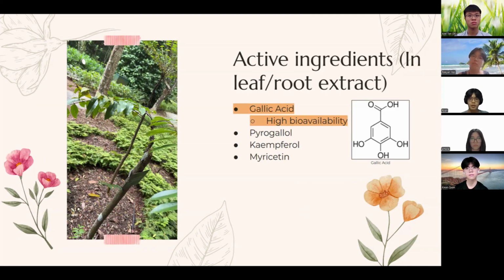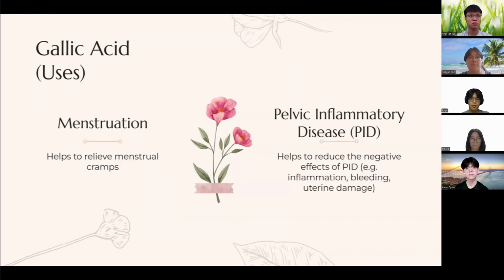In the extract of the leaves and roots, there are multiple active ingredients. A few of them are gallic acid, pyrogallol, kaempferol, and myricetin. However, the main active ingredient in the extracts is gallic acid, as it has high bioavailability as compared to the rest.